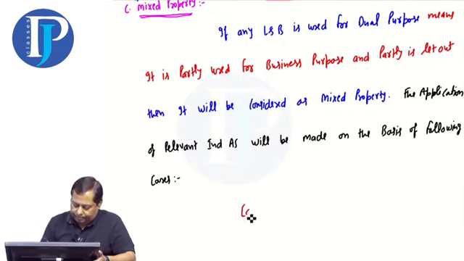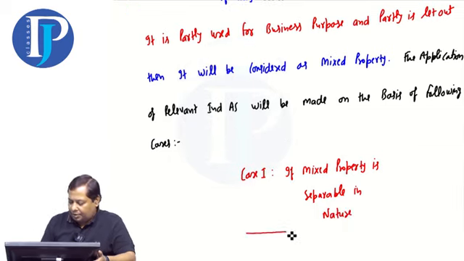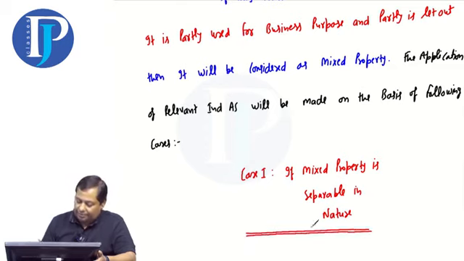Case 1. If mixed property is separable in nature. If mixed property is separable in nature, what is this? Listen.